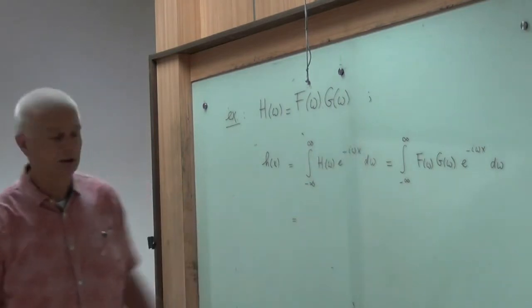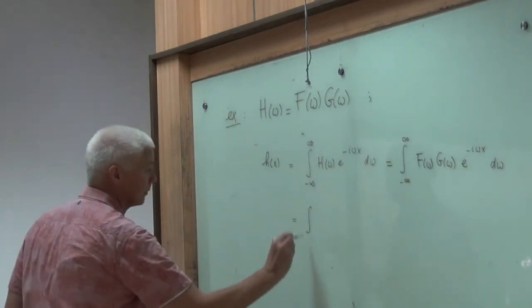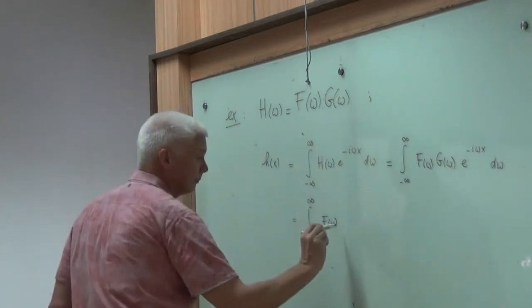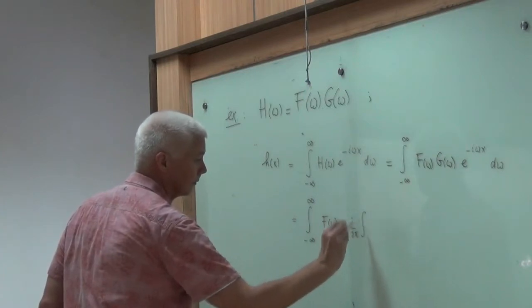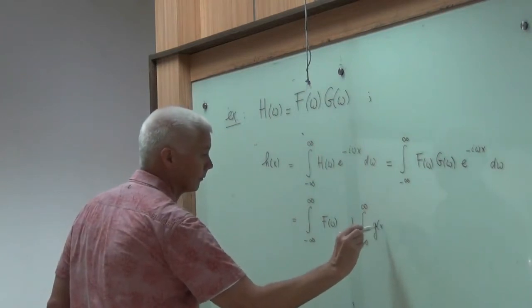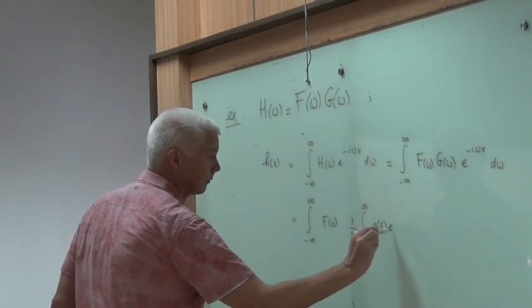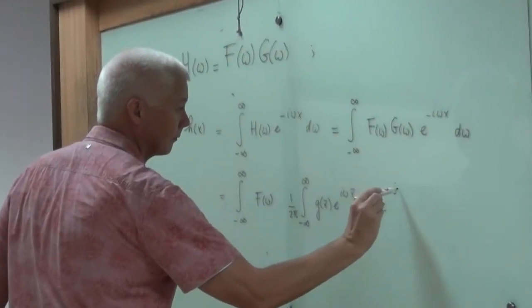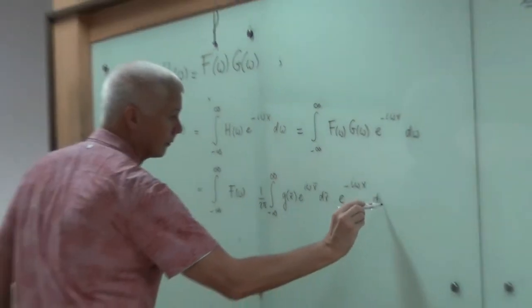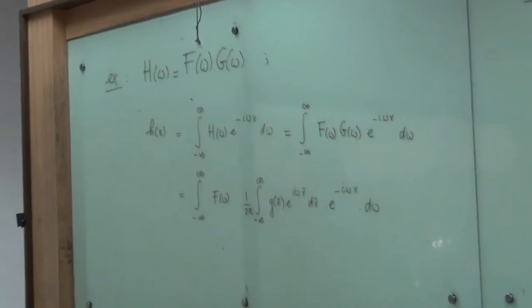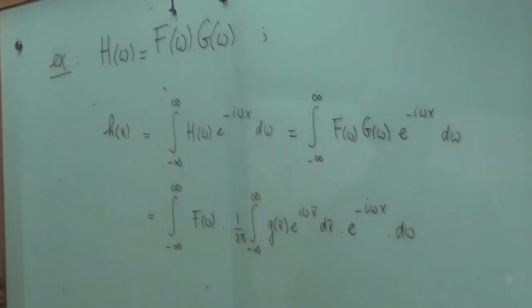Or I can do it similarly for my F. But let's take one of the two. So it changed nothing, I only substituted the definition of my function big G omega into the problem.